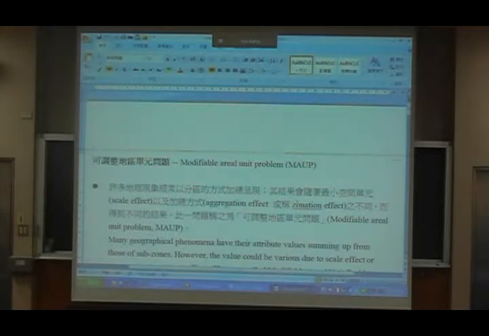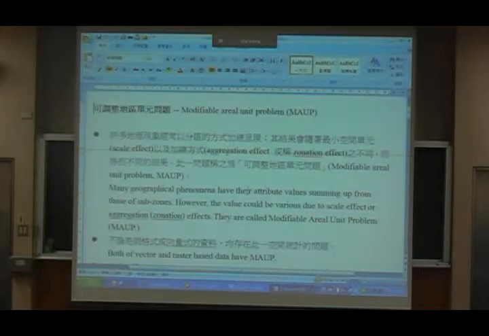To analyze a raster-based map, we have to be careful about the MAUP, that means the modifiable areal unit problem. Many geographical phenomena have attribute values summed up from their sub-zones, just like a quadtree, where you sum up values from the lower level.